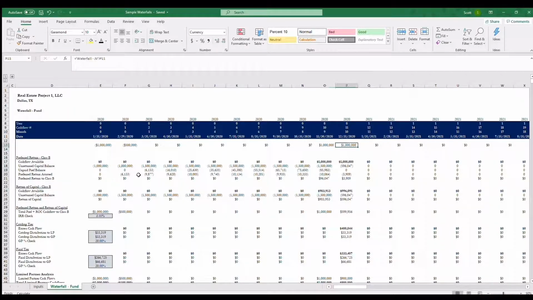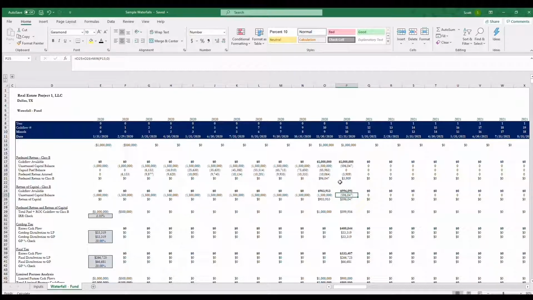So for this next distribution, you can see that this unreturned capital balance of $596,000 that is not covered by this distribution right here still accrues preferred return on this period between 11/30 and 12/31. Once that $3,909 has been paid off, the excess cash flow will flow down to the return of capital, where all of the capital is returned.